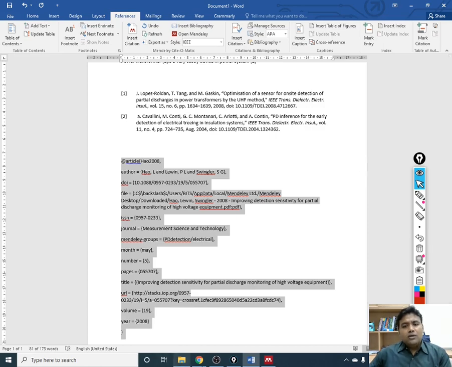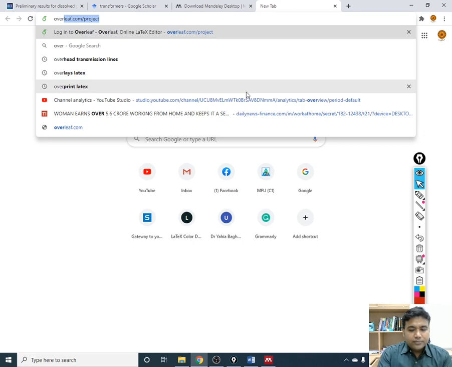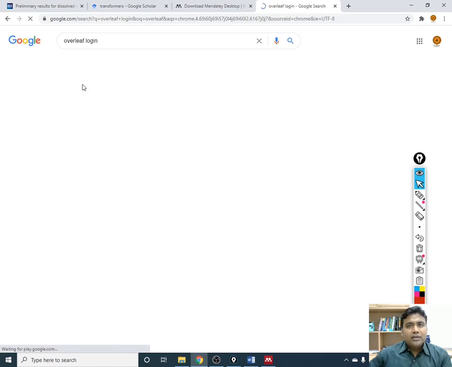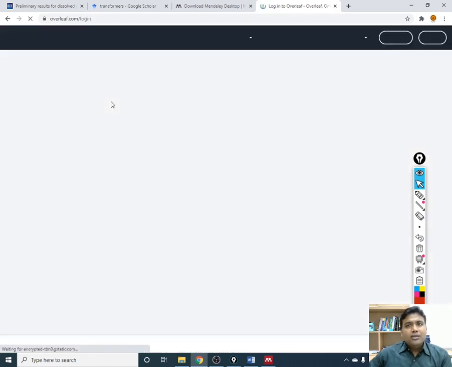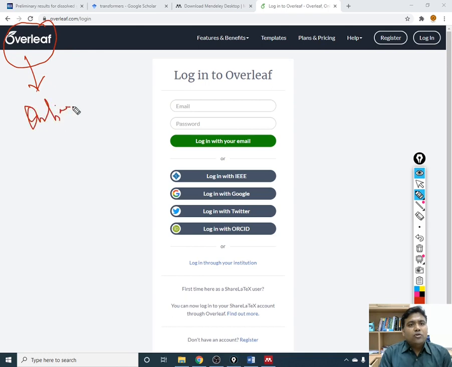If you don't want to install LaTeX on your computer, there is something called Overleaf. Go to the Overleaf login. Here you can create your project and write your paper without installing LaTeX. Overleaf is an online portal where you can write your paper in LaTeX without installing it.